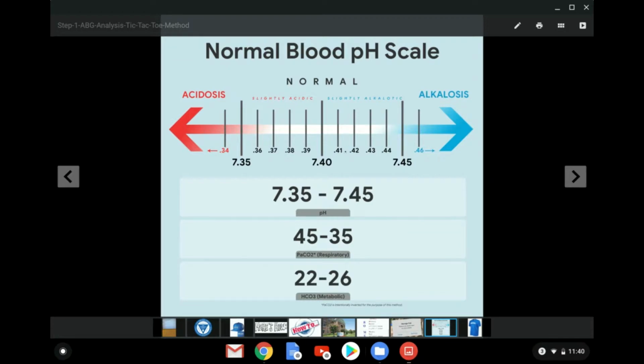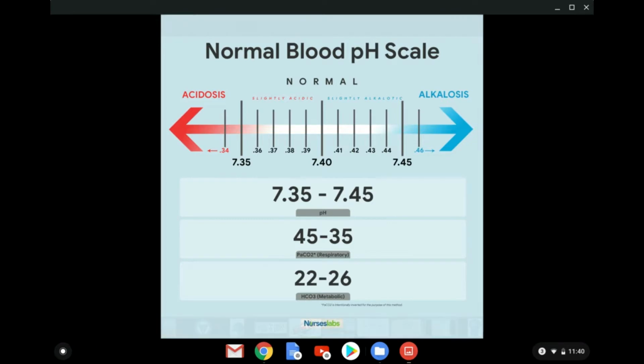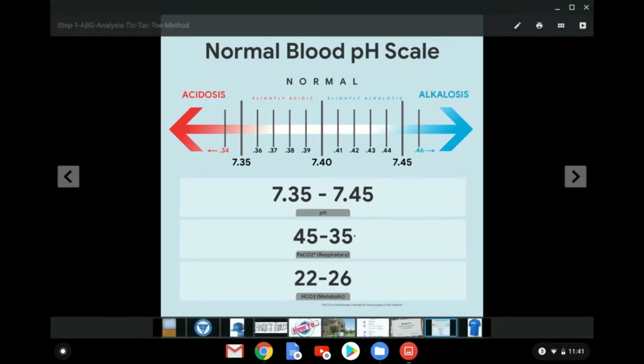Now that we got that out of the way, let's go into the next one, which is the partial pressure of carbon dioxide. This range is between 35 and 45 millimeters of mercury, being that we're dealing with pressure. An easy way to remember this: if you know the blood pH is between 7.35 and 7.45, we can easily remember that the partial pressure of carbon dioxide is 35 to 45.